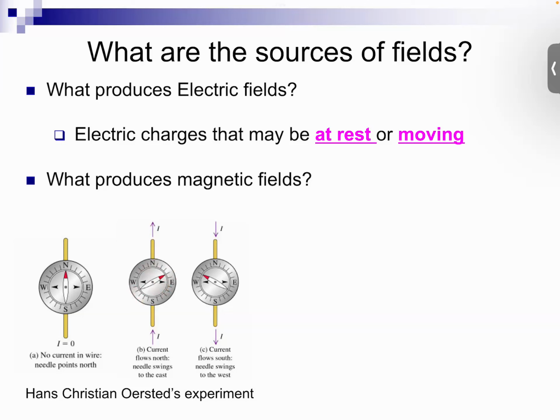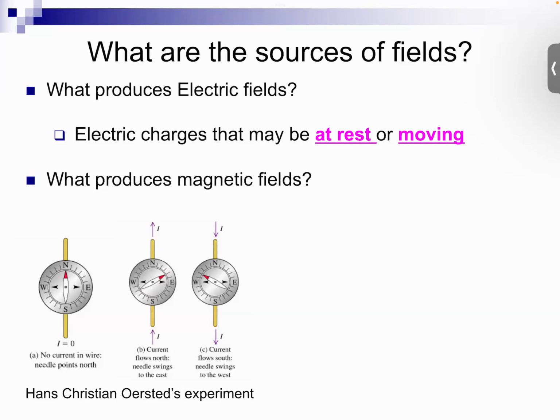And then when he tried to reverse the direction of the current, so that current is now flowing downwards, as you see in this figure here, he noticed that the compass deflected in the opposite direction. Of course, we know now that the compass needle is a magnet itself, right? It's a little magnet, and that's why it can tell us the direction.